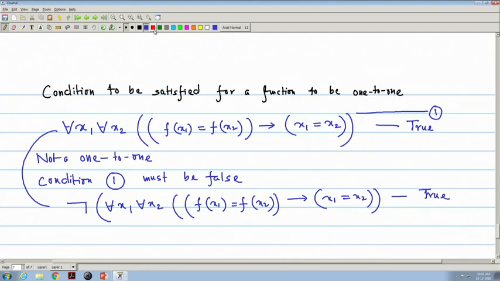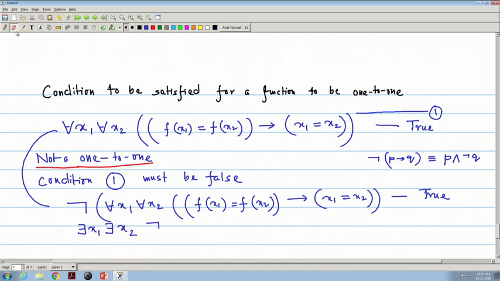If it is not a 1 to 1 function, then if I apply the negation rule, I get there exists x1 and there exists x2, and this is the negation of f of x1, and if I remember that negation of p implies q, that means negation p or q, this is equivalent to p and negation q, because negation p or q. So, this is p and negation q.